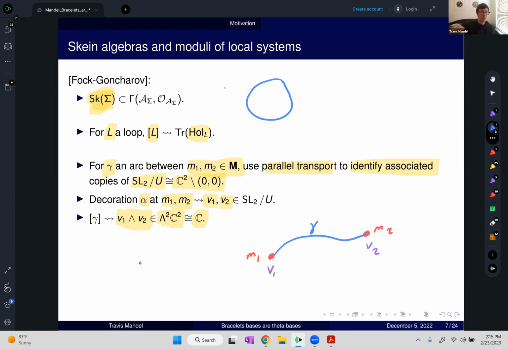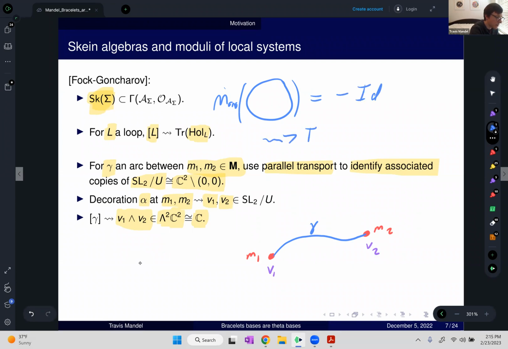But it seems like if you take the monodromy around a contractible loop, that should be the identity, which is trace 2. And what happens is that because we're in the twisted setting, the monodromy of a contractible loop is actually negative the identity. So that means that the trace of the monodromy around a contractible loop will be -2 instead of +2.